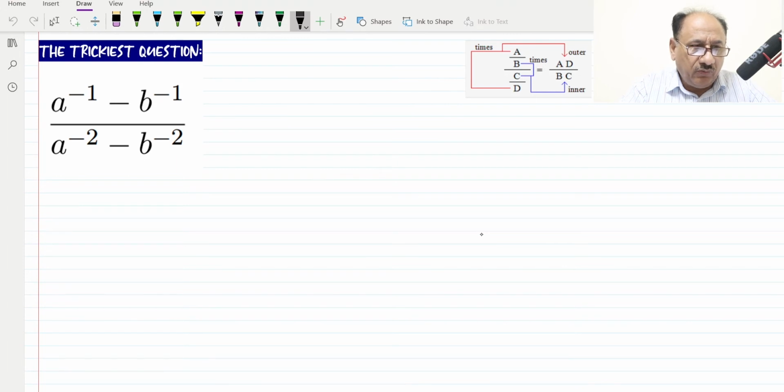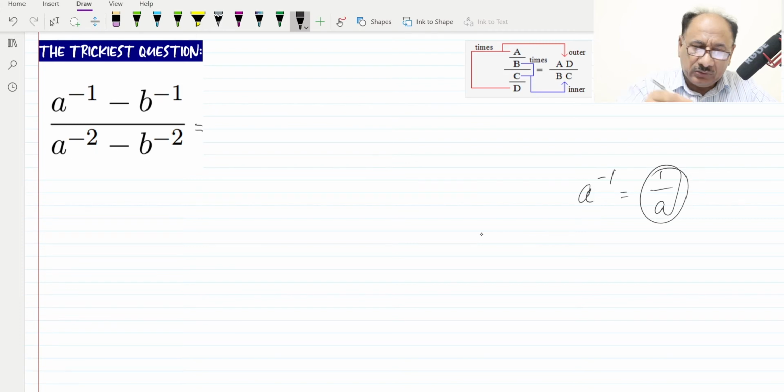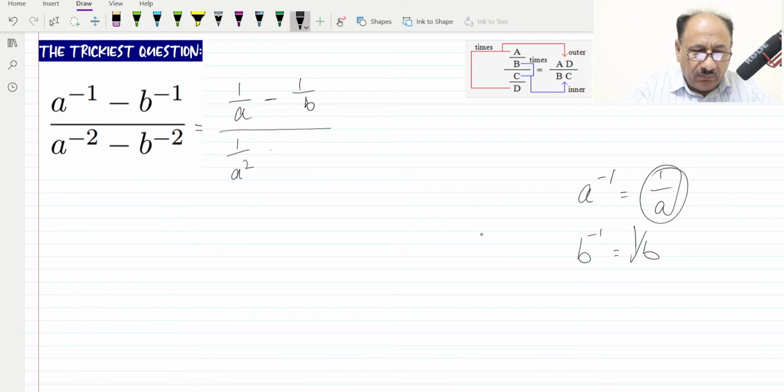So what we will do is write them in fraction form. a raised to the power minus 1 can be written as 1 over a, and minus b raised to the power minus 1 we can write as 1 over b. Then we write this main fraction, and the denominator will be 1 over a squared minus 1 over b squared.